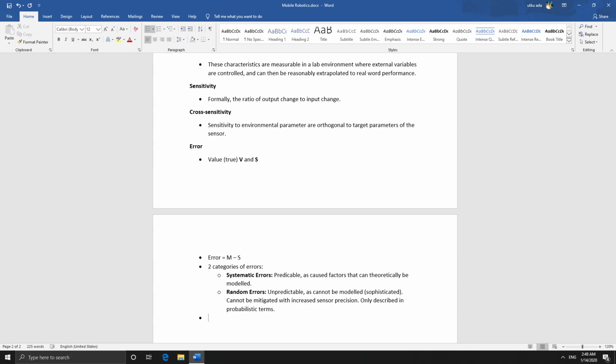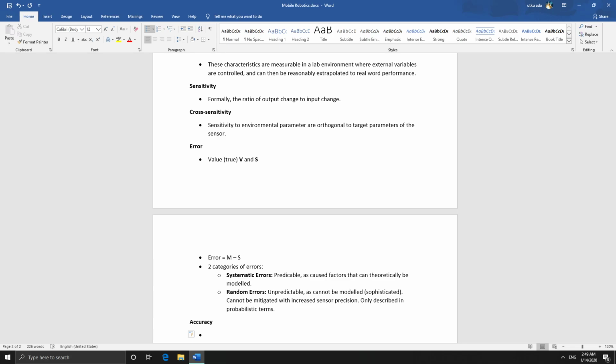Okay, and now our next little category is going to be accuracy. And again, this is just another characteristic. This is the degree to which the sensor's measurement is close to the true value, effectively.